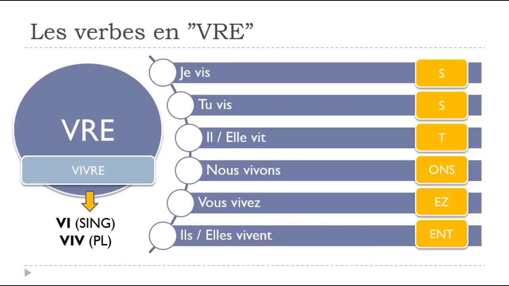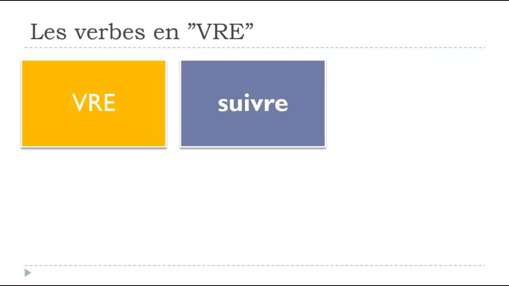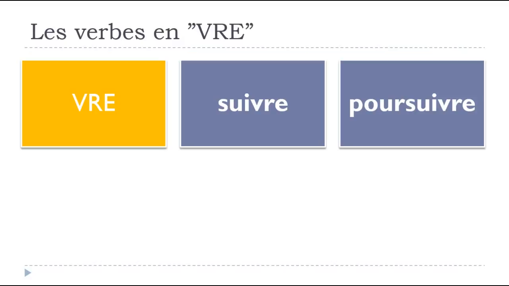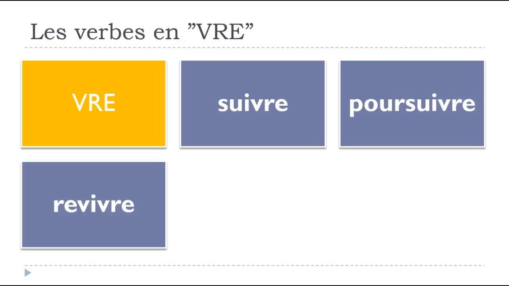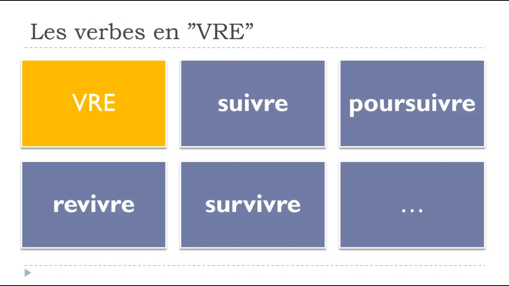Alright, so let's see now what verbs are conjugated like vivre. We've got suivre, poursuivre, revivre, survivre, and a few others, but these are the main ones.